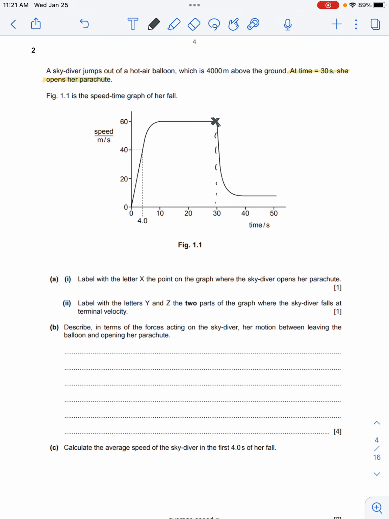But the question is not asking us about that yet, it's just asking us to identify. If you didn't read the question, you still can answer this based on the shape of the graph, but it is literally in the instructions.